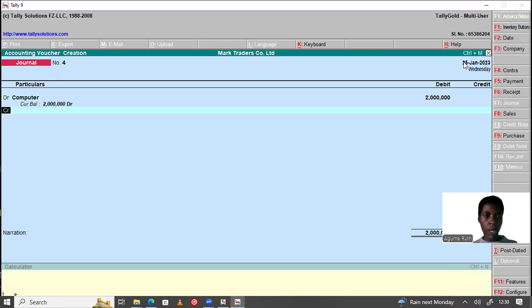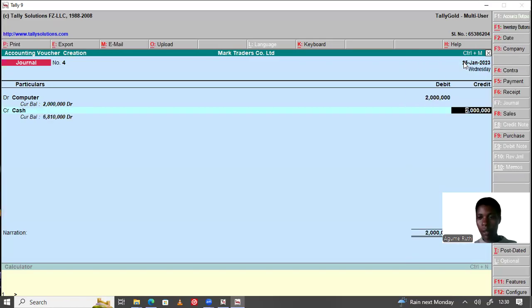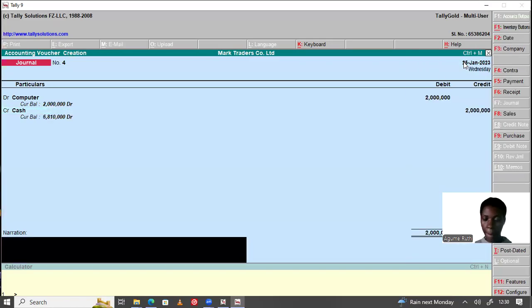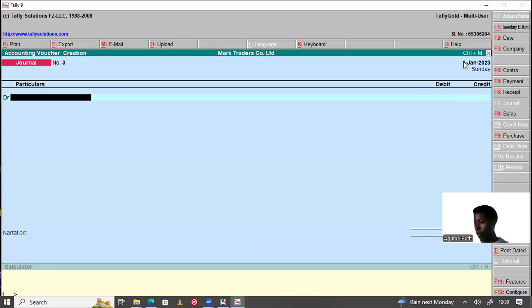So they are not indicating whether it is by cash or bank. So any that we can use is appropriate. I'm using cash and my narration being a purchase of a computer. Then I enter. So those are the transactions that we have.